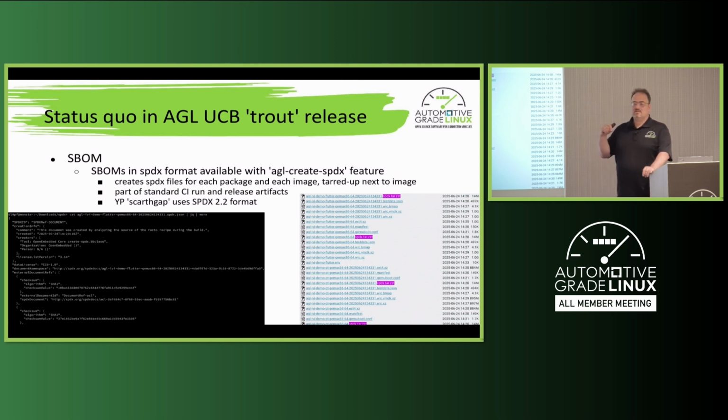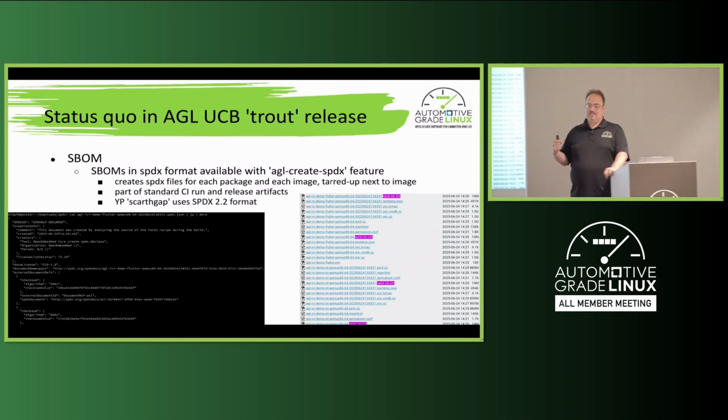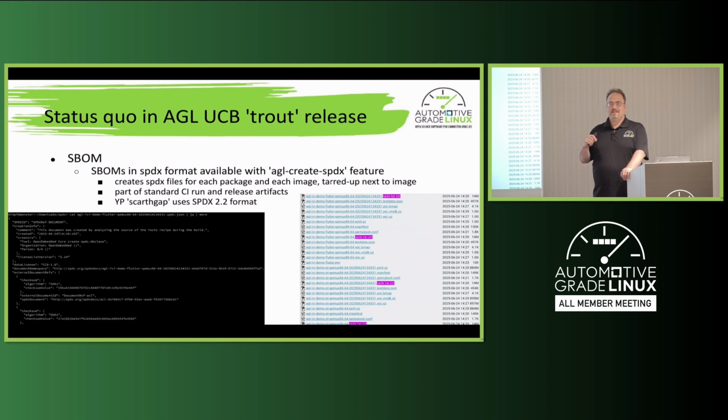There is just an index for the image. So we cannot combine all of these SBOMs in the 2.2 format. We can produce individual image SBOMs. That index contains references to these package SBOM files, but we cannot produce a single image SBOM with 2.2.